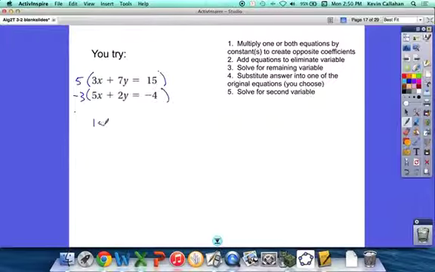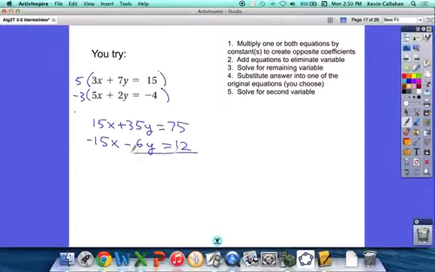So that's 15x plus 35y equals 75. -15x minus 6y equals 12. X's are eliminated. 35y minus 6y. Right? Luckily, 29 goes into 87 3 times.